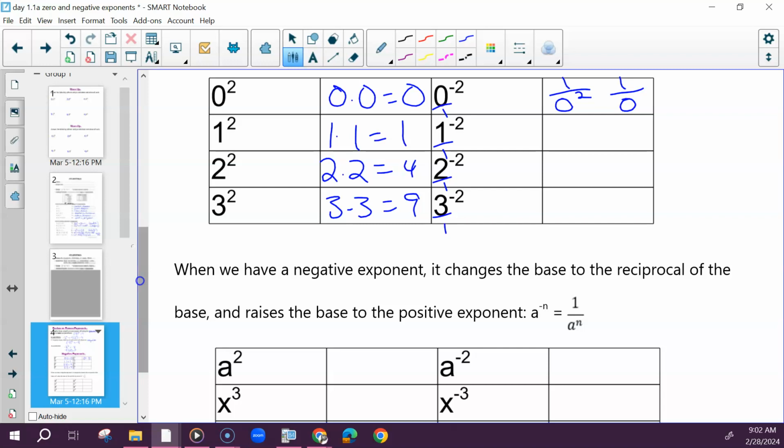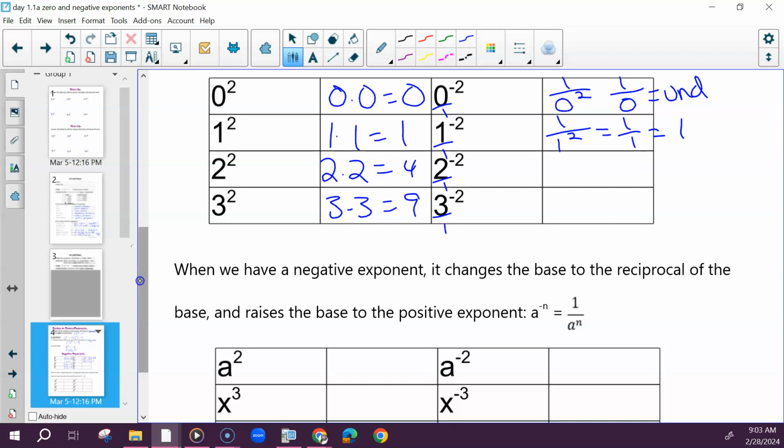Undefined. So that one's a special case. 1 to any negative power is also a special case. Because if I take this and I flip it, and I make the exponent positive, we know 1 squared is 1, and that would just be 1. So your 0 and your 1 to negative powers are special cases, so we kind of disregard those.